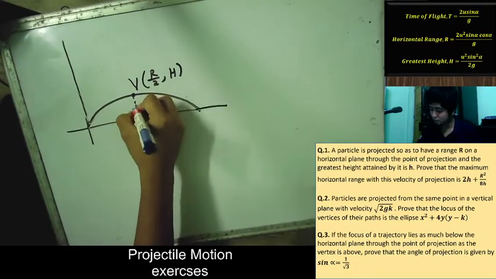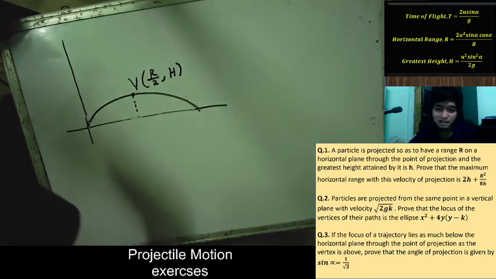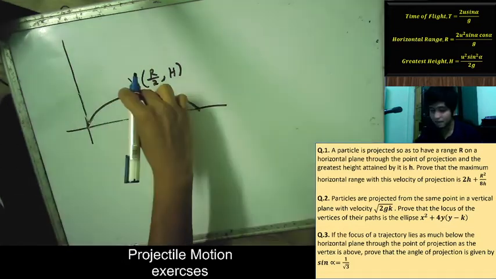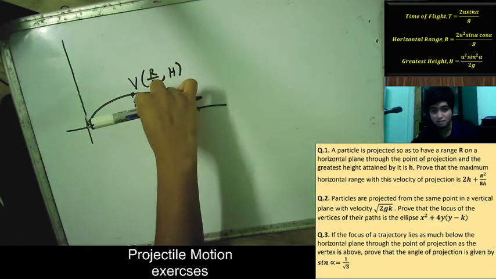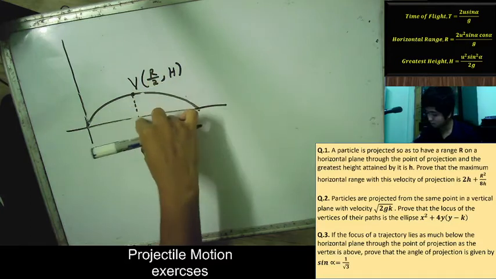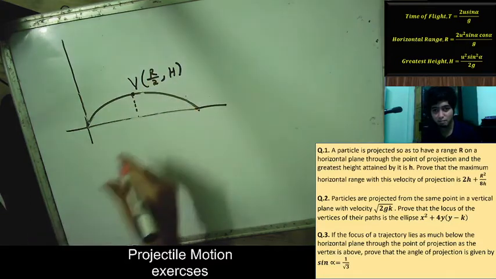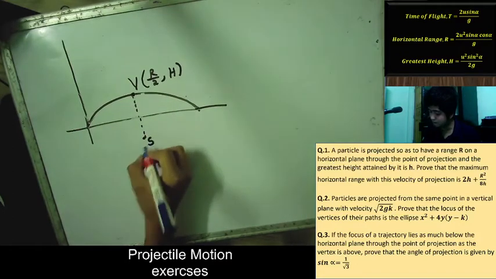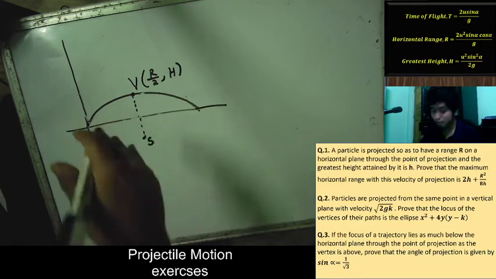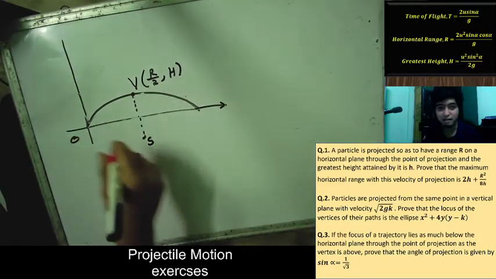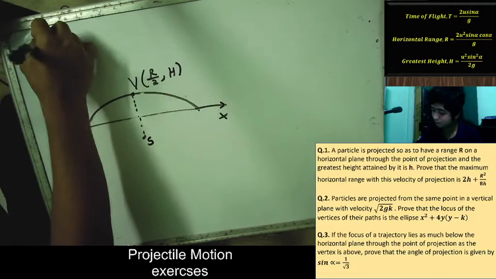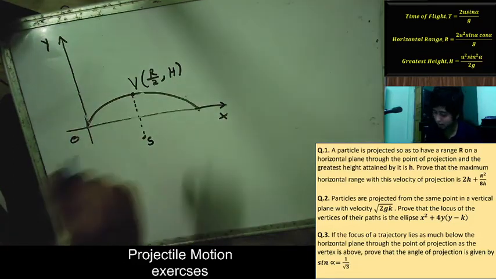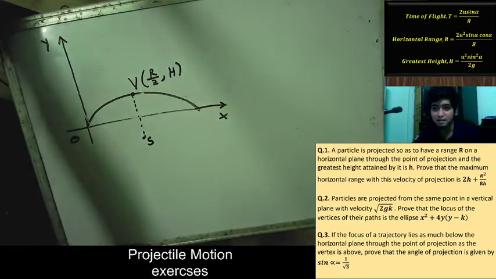It lies above the horizontal. But what is given about the focus? The focus lies below the horizontal by the same distance. So that much distance below the horizontal, the focus will lie. If S is the focus, it will lie below the horizontal. Sometimes this focus will be above, sometimes below, but for this question it is exactly below.